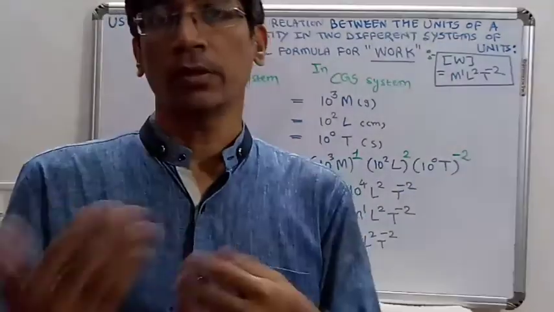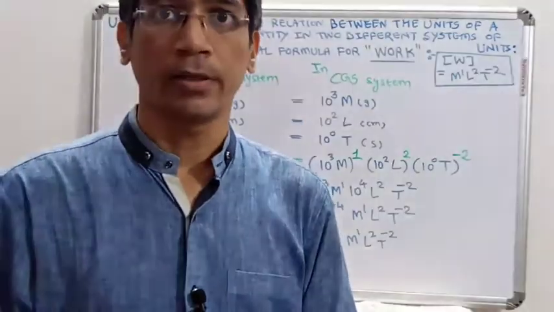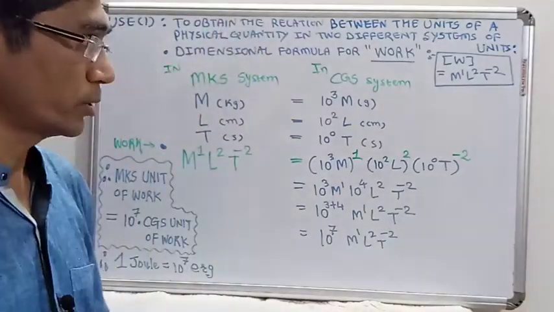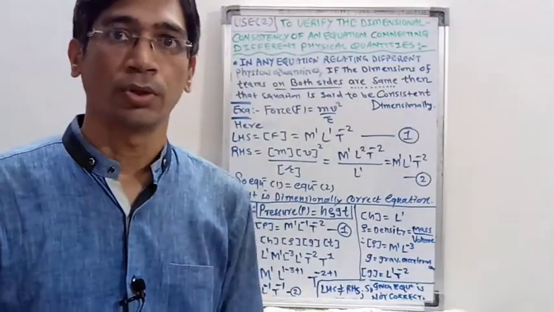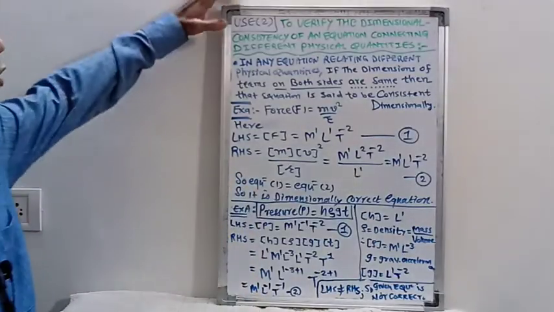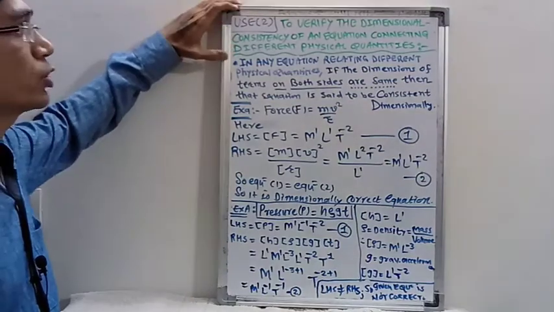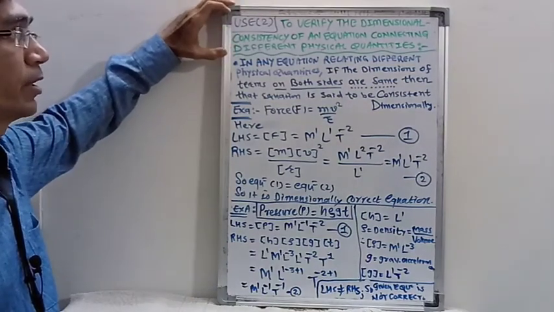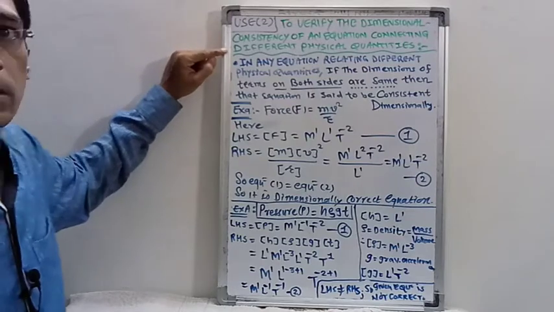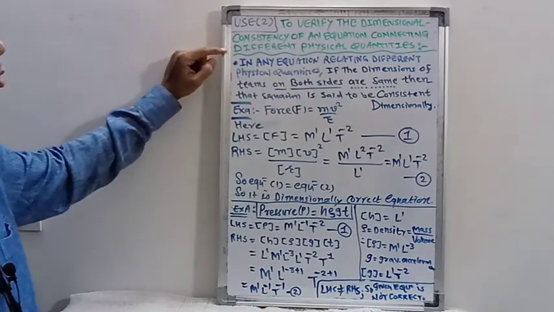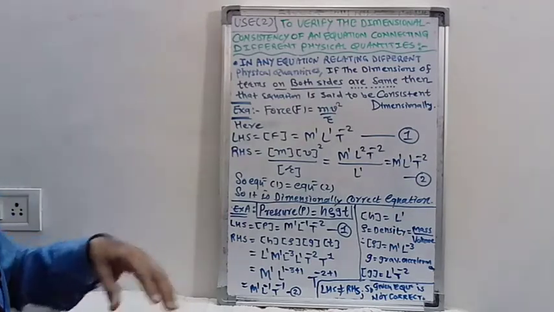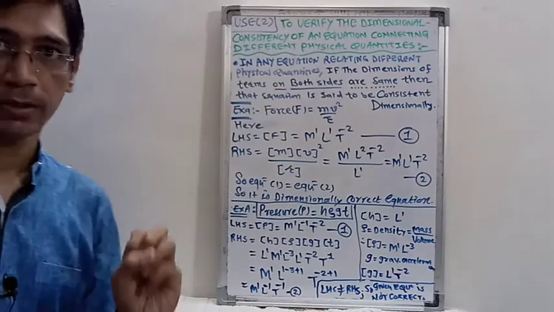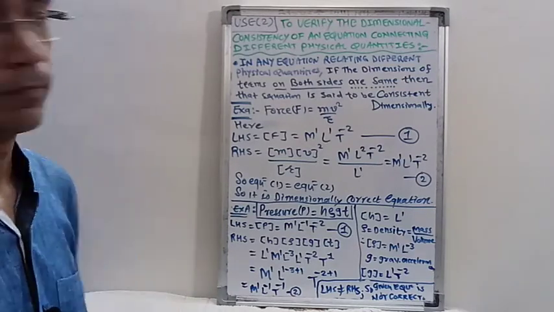Now, another use, the second use we are taking. In the second use, we verify the dimensional consistency of an equation connecting different physical quantities. In this use we are going to verify whether the equation is dimensionally correct or not.